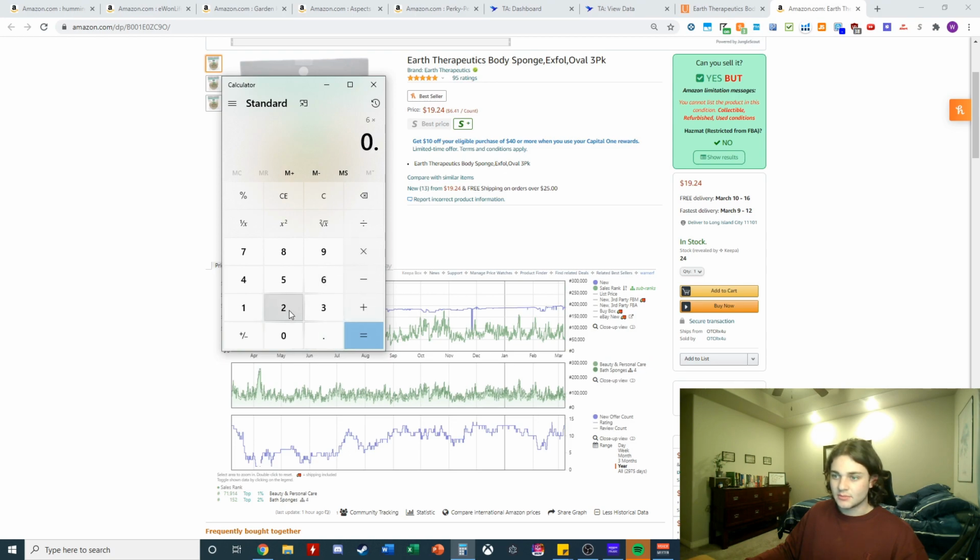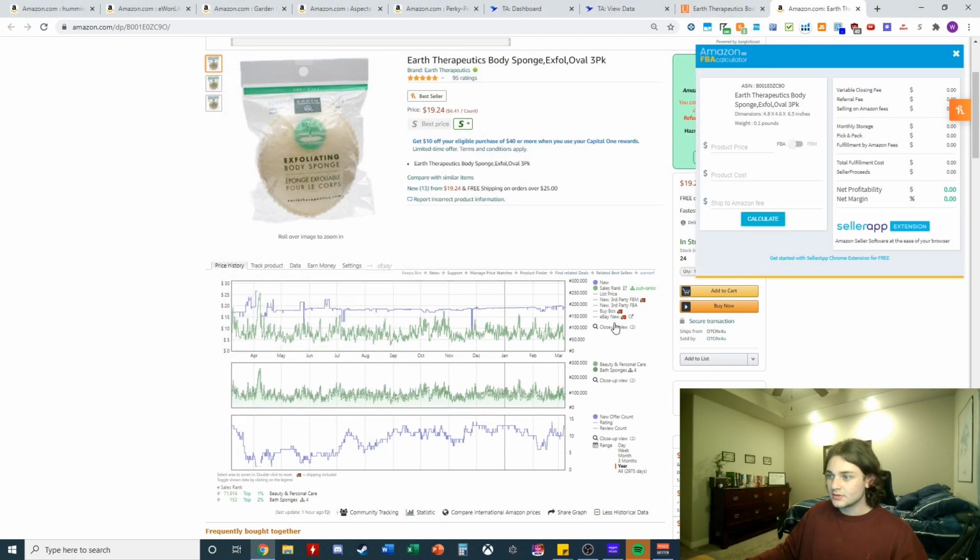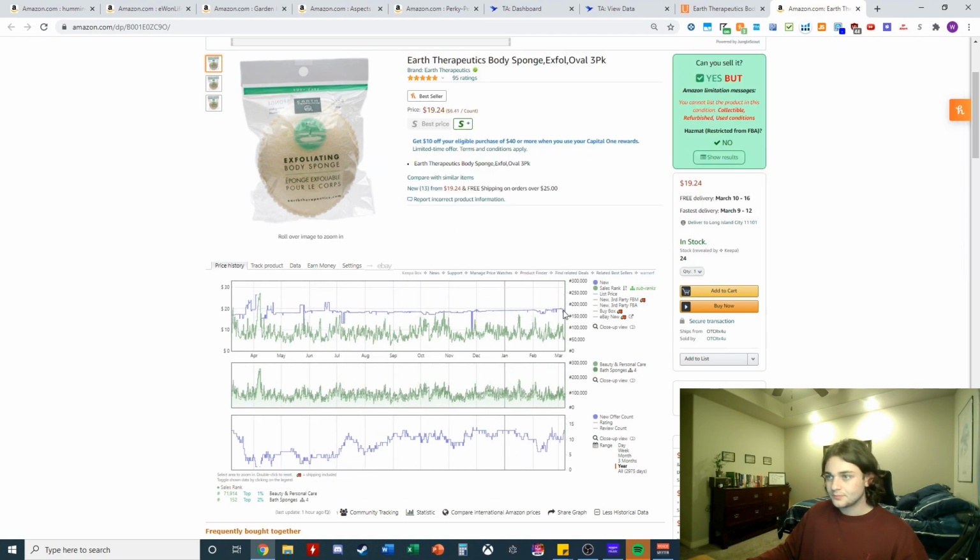So it was 6, it's going to be 4.80 per unit times 3, give or take sales tax, plus some cash back. We can just leave it right there, maybe round it up to 15 just to be extra safe. So obviously this isn't going to be profitable, but it's getting close. Maybe if you're able to find a really good coupon code eventually, this could be something worth checking out.